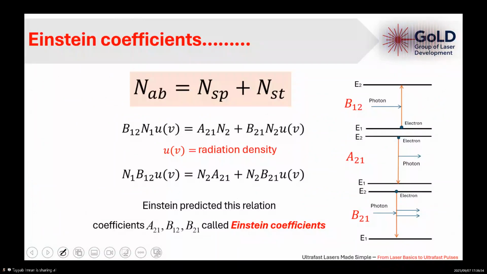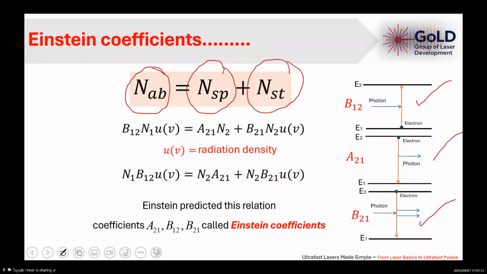Einstein's coefficients. What are the Einstein's coefficients? Three possibilities: absorption, spontaneous emission, and stimulated emission. Here is absorption, spontaneous, and stimulated emission.